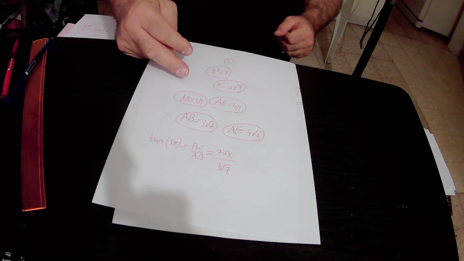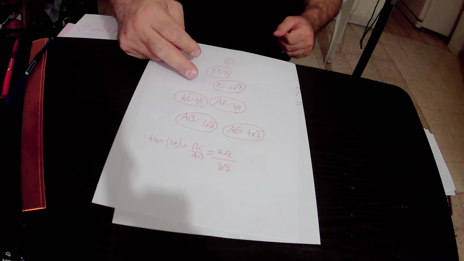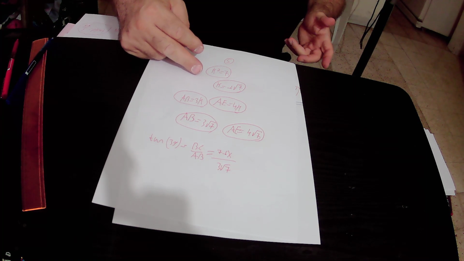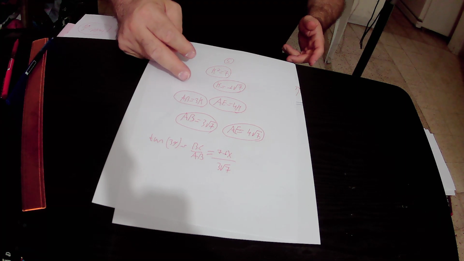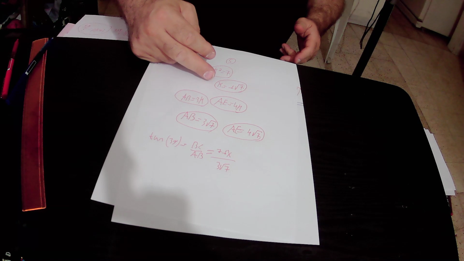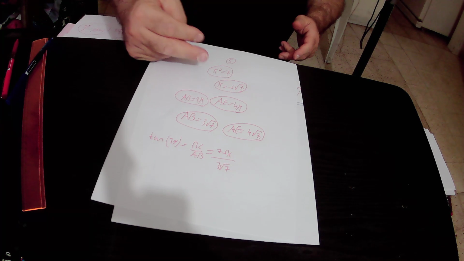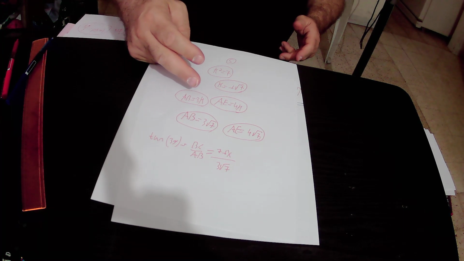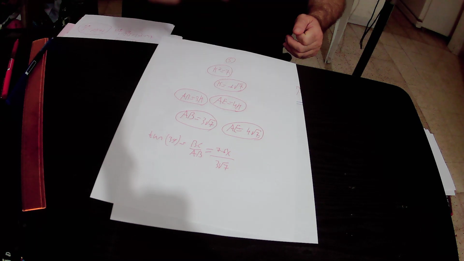So AB equals 3K, and K equals root 7, so AB will be equal to 3 times root 7, and AE equals 4K, so AE will be equal to 4 times root 7.